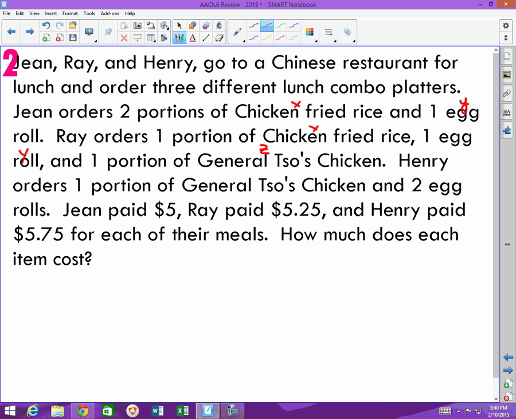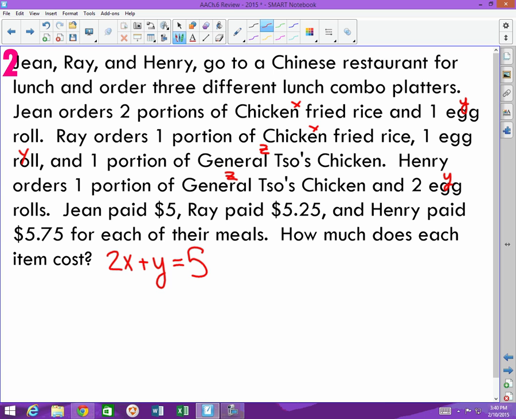And Henry orders 1 portion, so that's a Z, and 2 of these, so that would be a Y. So then our first equation is going to be 2x plus y equals, and Gene spent $5.